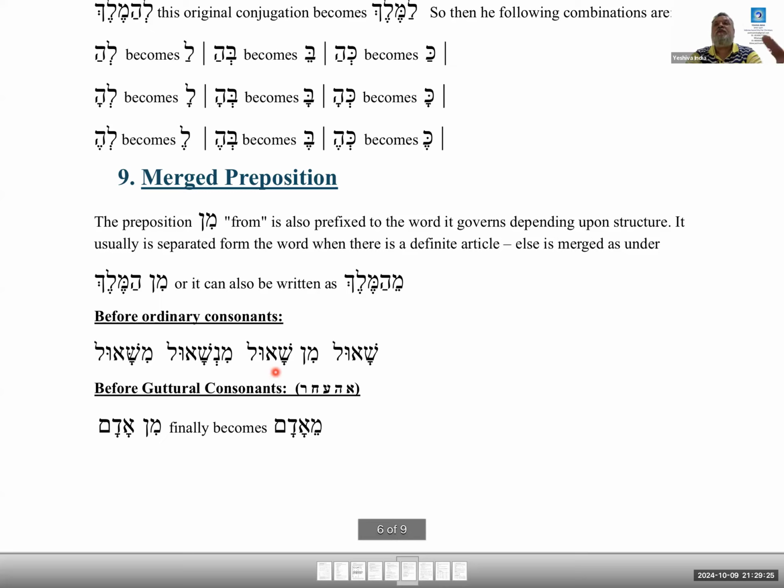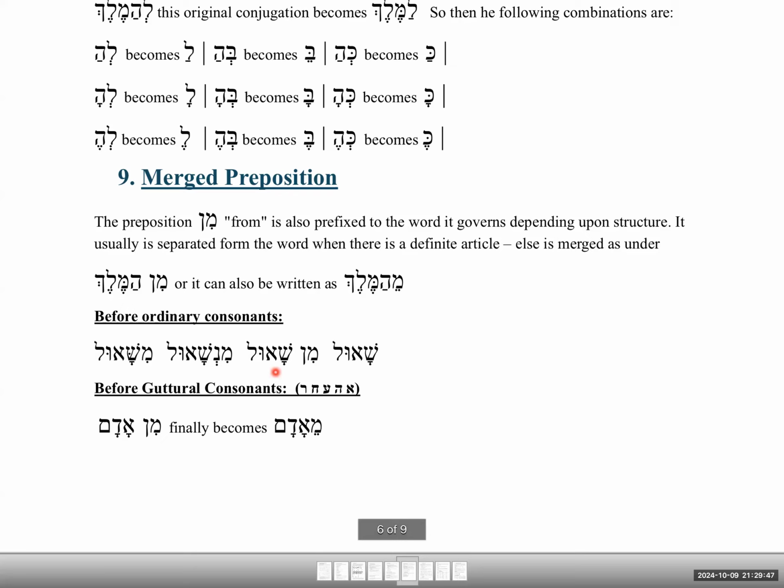Only thing, it's laborious to speak it. So therefore, to adjust the redundancy of speech, they remove the nun and they double the shin, and so it becomes Mishaul. Got it, everyone?